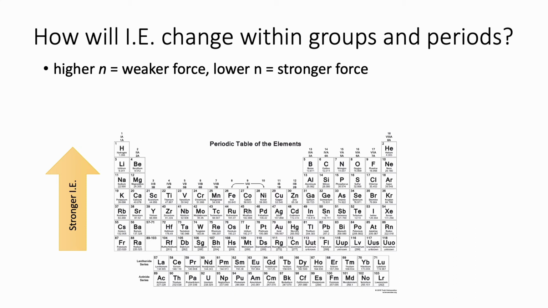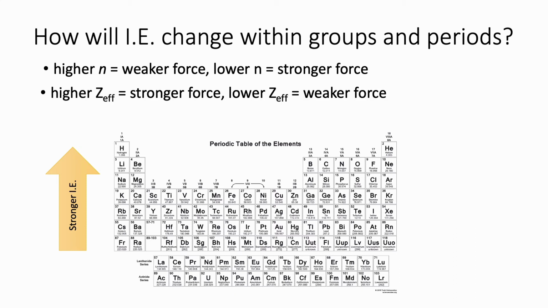Going across a period, your effective nuclear force is increasing, which means the nucleus will hold onto those valence electrons more strongly. So the higher your effective nuclear force, the higher your ionization energy is going to be. So we should expect to see stronger ionization energies as we move right across the periodic table.